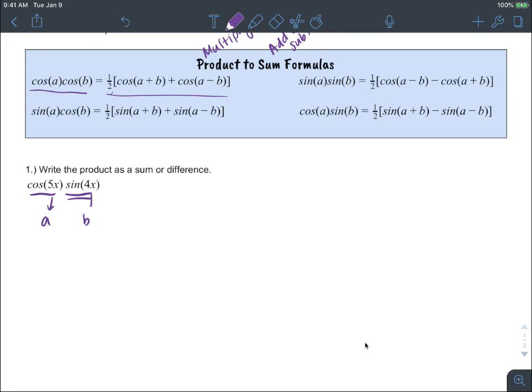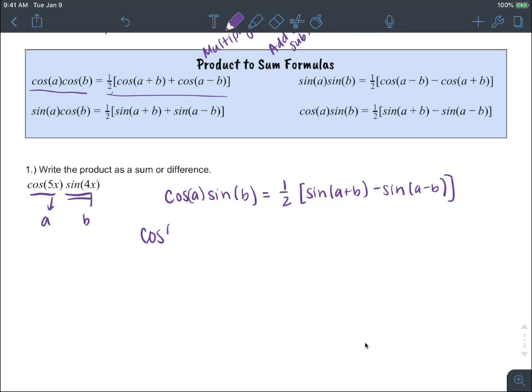Okay. I know that the cosine of A times the sine of B is equal to 1/2 times the sine of A plus B minus the sine of A minus B. So I'm just going to go ahead and rewrite these.